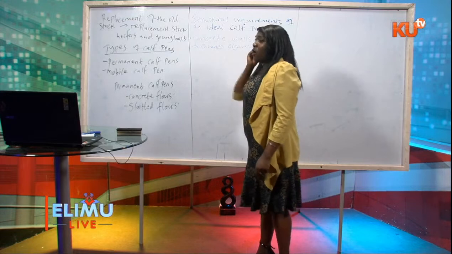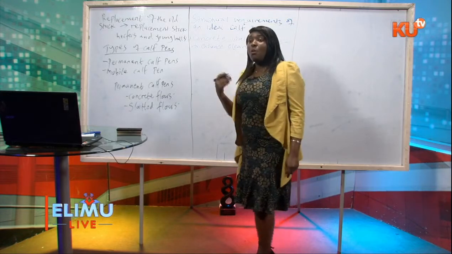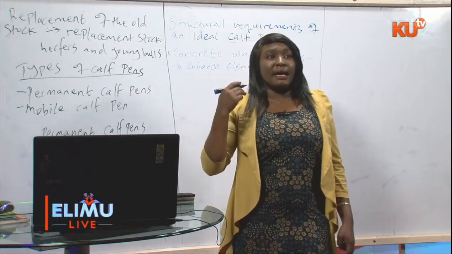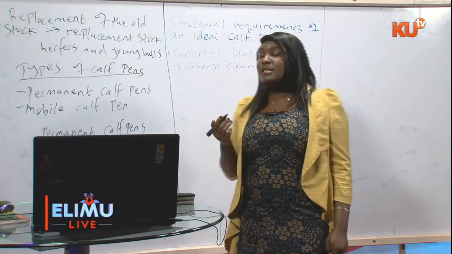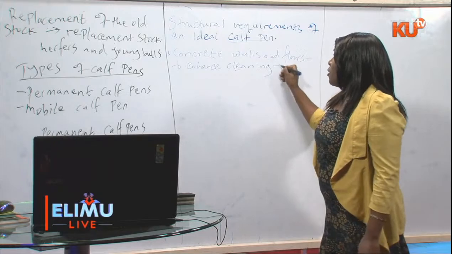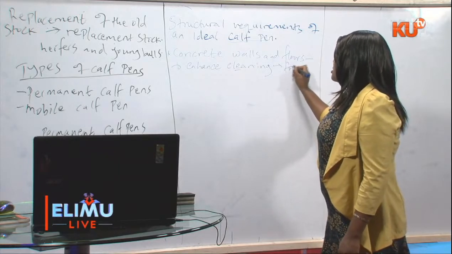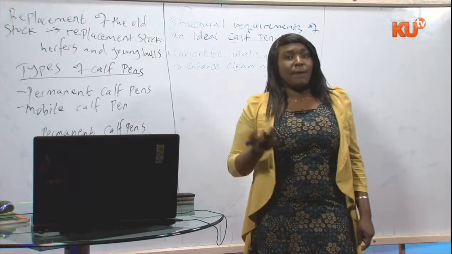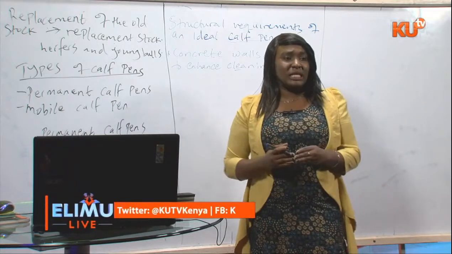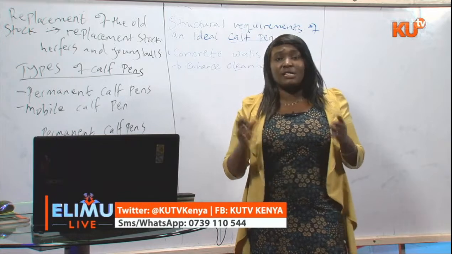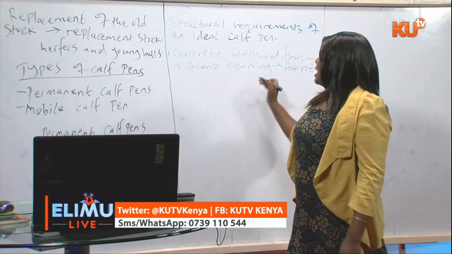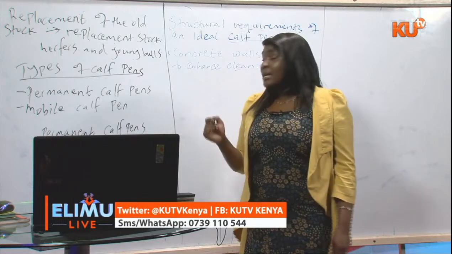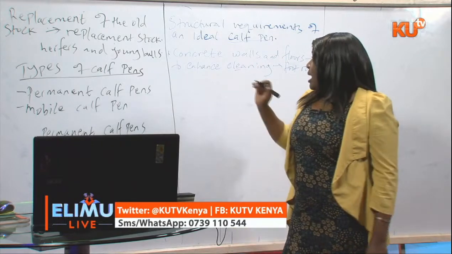When we clean these calf pens more often, we enhance the health of these animals, because they do not suffer from diseases such as foot rot. Foot rot can be brought about by areas that are not clean. When there is accumulated dung and urine in the calf pen, that can lead to foot rot, according to the Form 3 syllabus that we did.